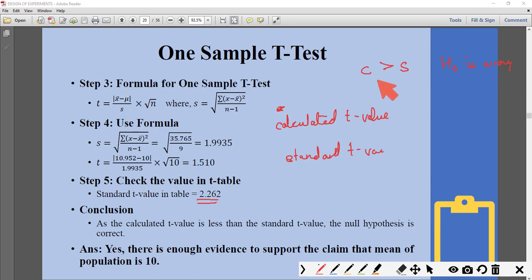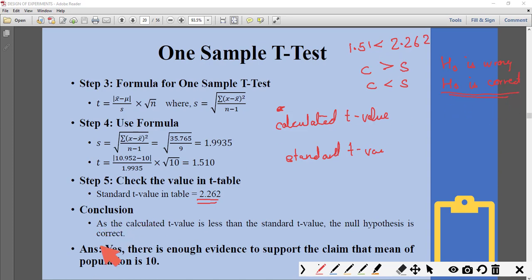If the calculated value is less than the standard value, then the null hypothesis is correct. In our case, our calculated value is 1.51 and our standard value is 2.262. So our calculated value is less than our standard value, so the null hypothesis is correct.